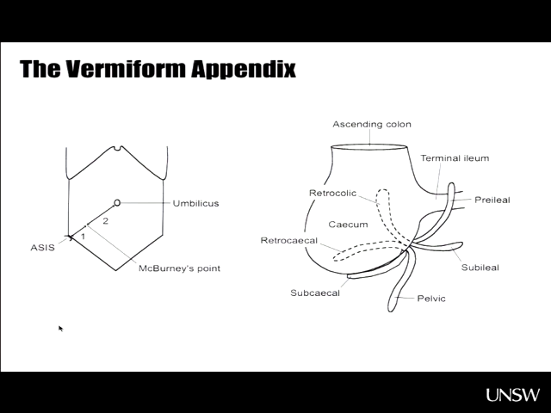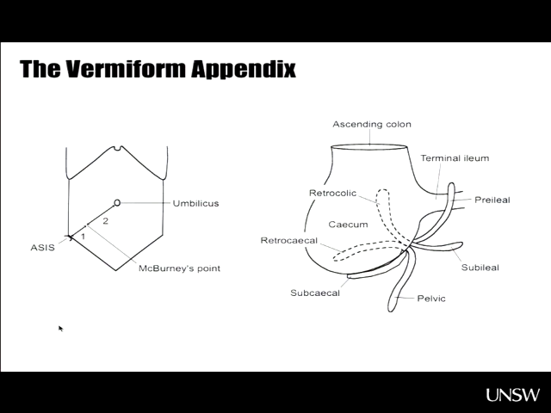And you may have to differentiate a pelvic appendicitis from, for example, a tubal pregnancy. If on the other hand the appendix is sitting up high, then your patient will present with pain or tenderness rather on the lateral abdominal wall. So the position of the appendix determines how the patient will present. So that's why we're telling you all about positions of the appendix.